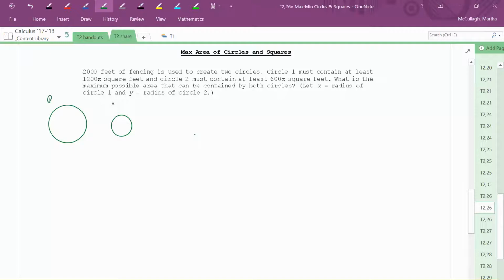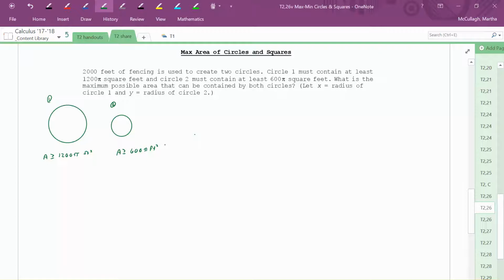This is circle number 2, and circle number 1 must have an area that is greater than or equal to 1,200 pi square feet. Circle 2 must contain at least 600 pi square feet, so its area must be greater than or equal to 600 pi square feet.